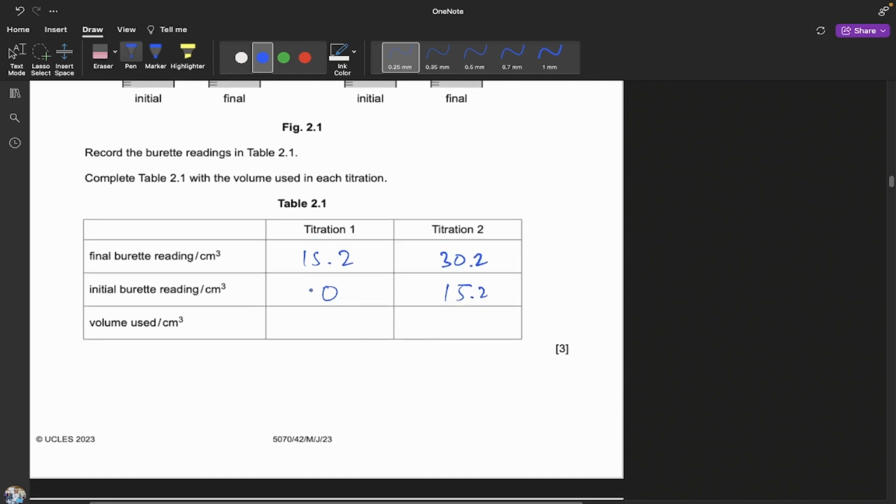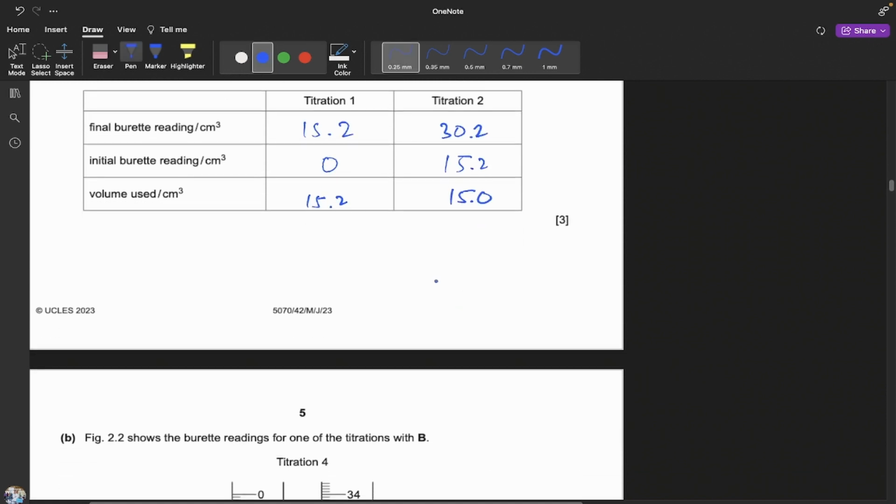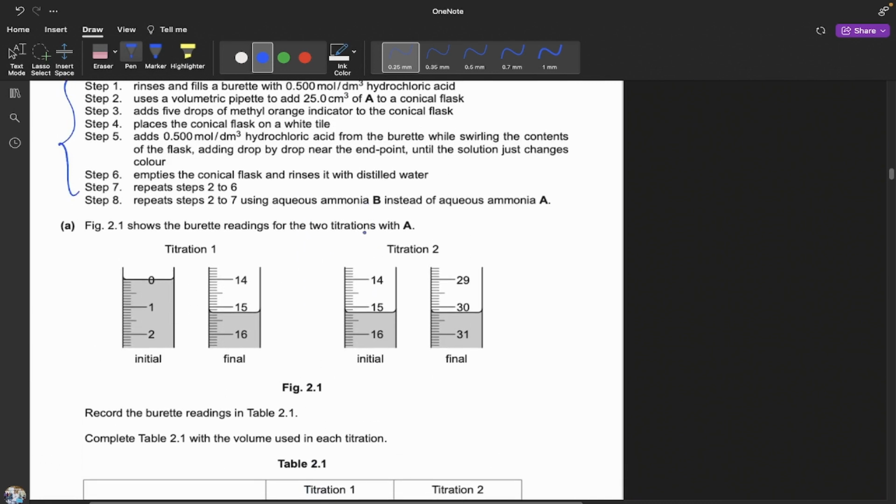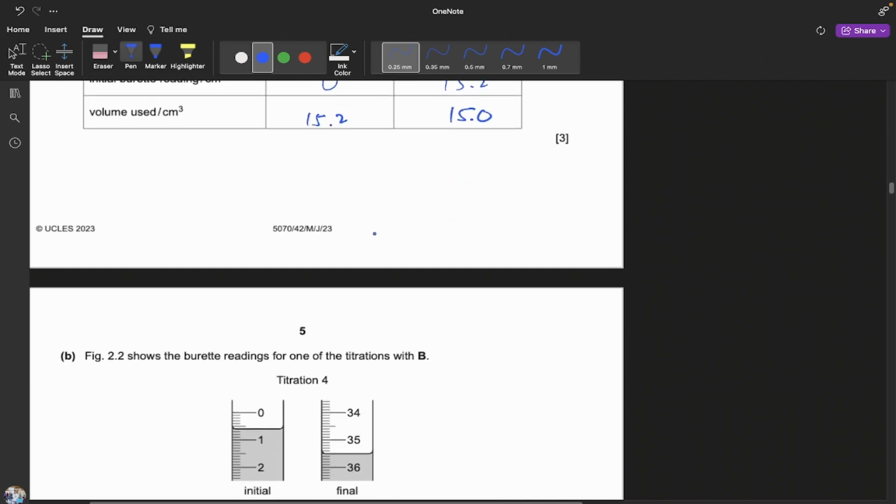So volume used is the difference, final minus initial. So 15.2, here also 15. Remember, if they are giving two values for a single titration, most of the time they might ask for an average value. Okay, so keep that in mind.